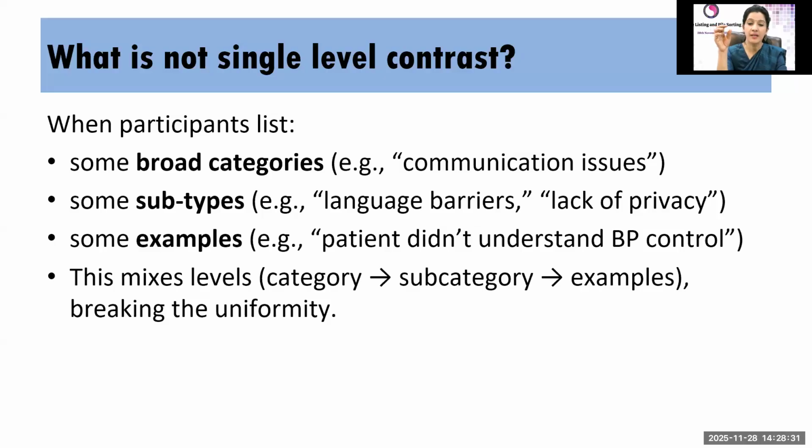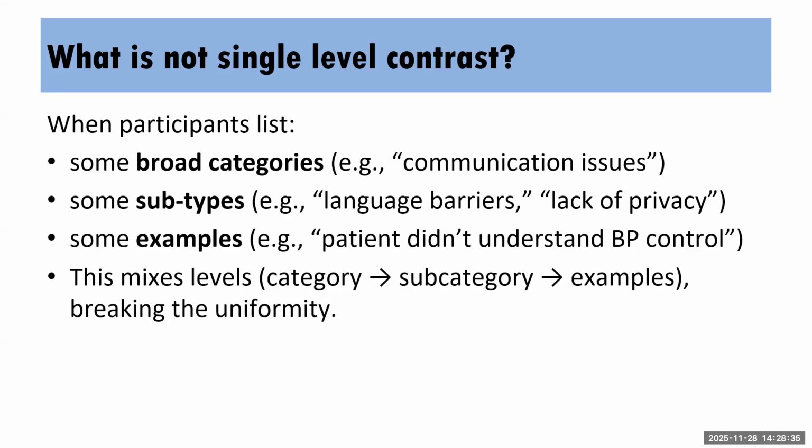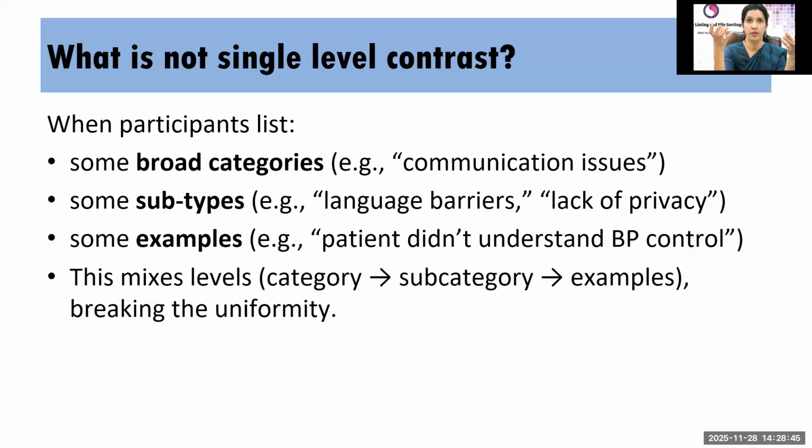If my question had been very broad, you would have given a mixed sort of response, and I could have clubbed these to make subcategories, examples of subtypes or smaller categories. Then it is not a single level of contrast.